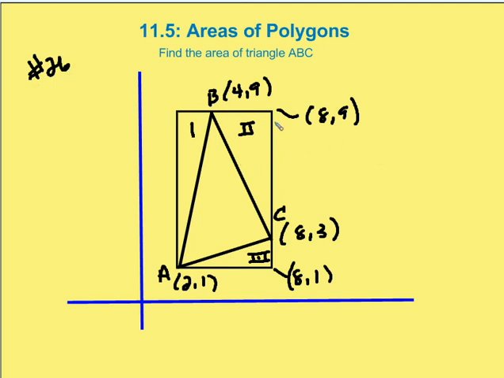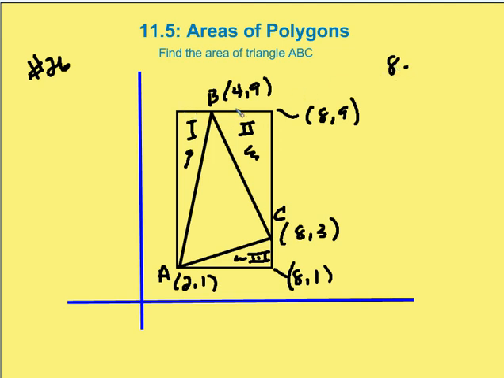So all we need to do is find the area of the rectangle, and then subtract the individual triangles 1, 2, and 3 from that area to find the area of ABC. So first we find the area of the rectangle. Now the height of the rectangle is going to be the difference in the y values. So I have 9 here and 1 here, so I know the height is going to be 8.